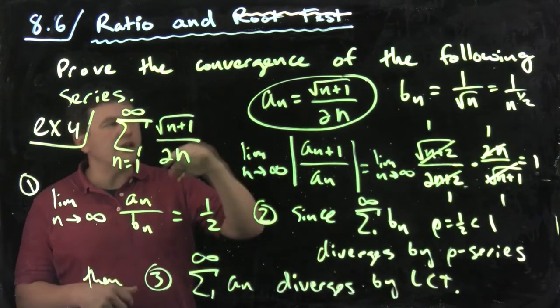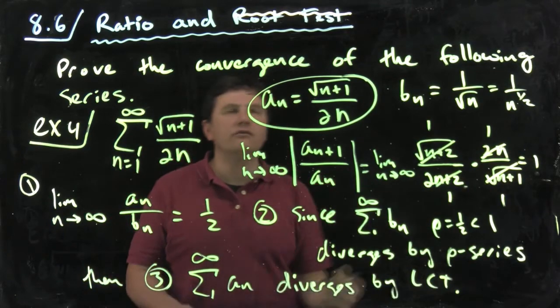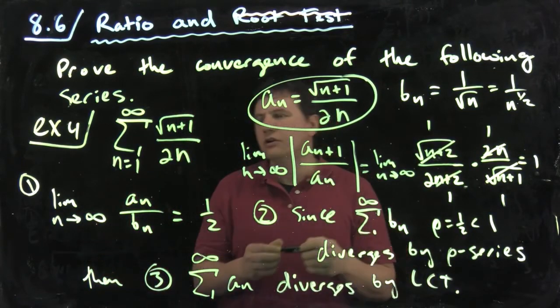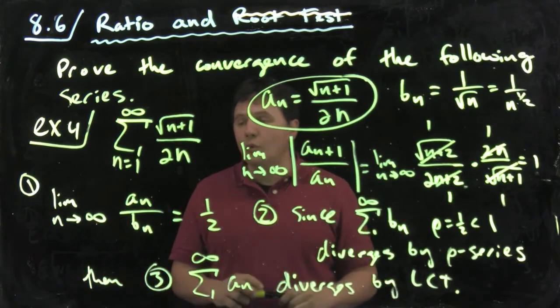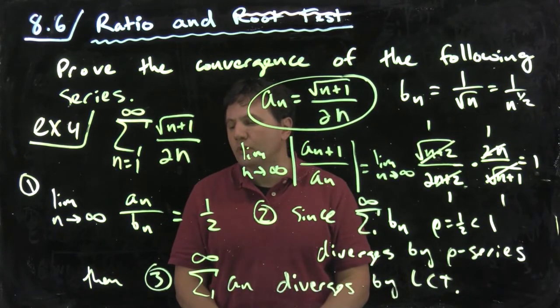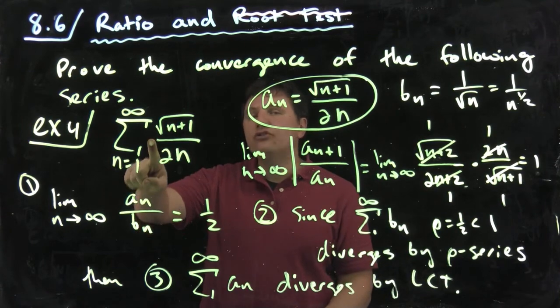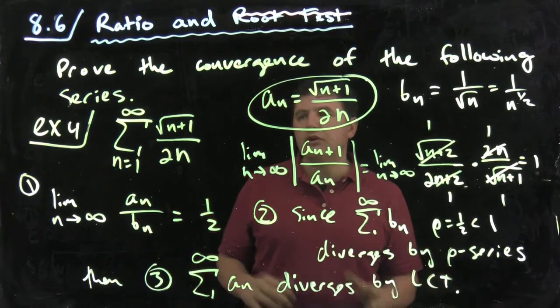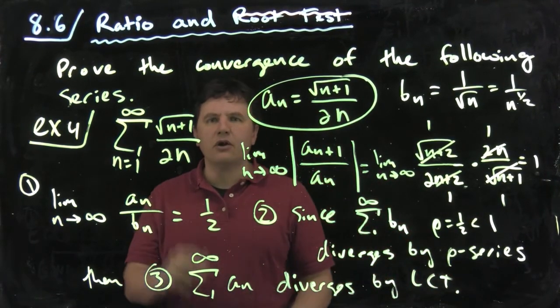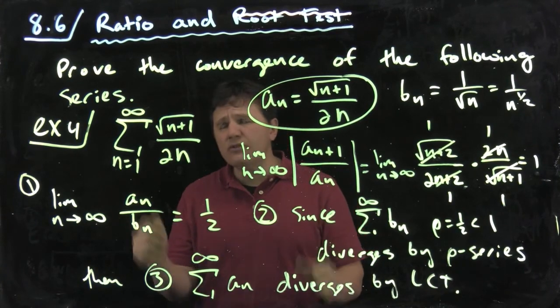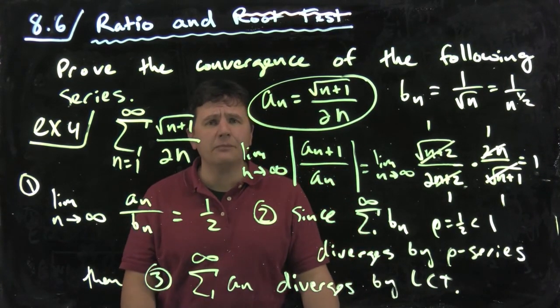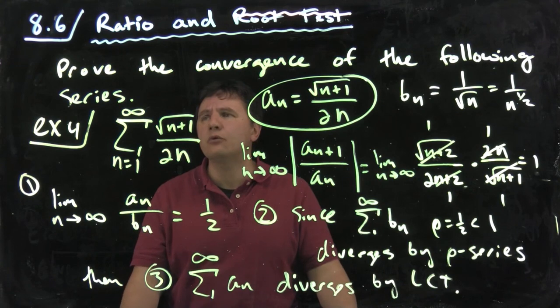So once again, if you get that inconclusive, it usually means it's going to be a p-series or a p-series with a limit comparison test. If there's an alternator, then this thing would converge, in this case, by alternating series test. So that's 8.6, really just about doing the computations, very formulaic in that regard. Yeah, the ratio test.